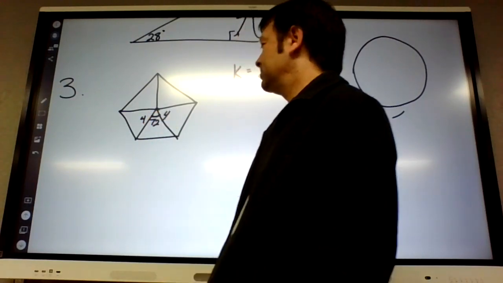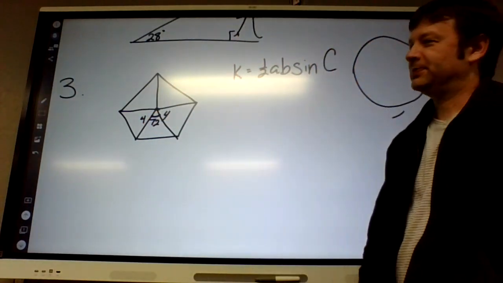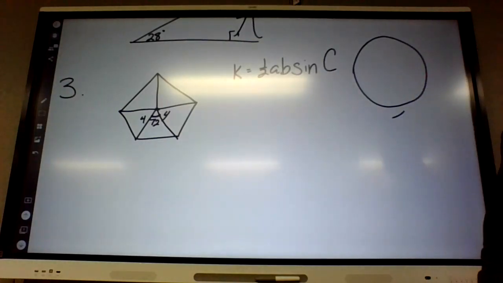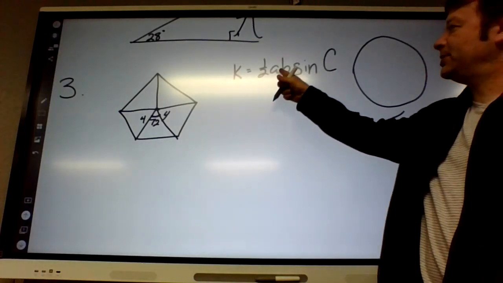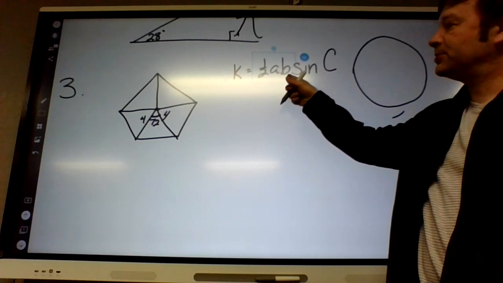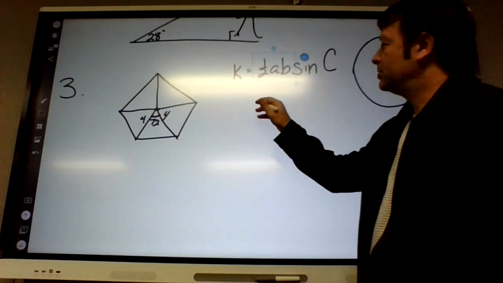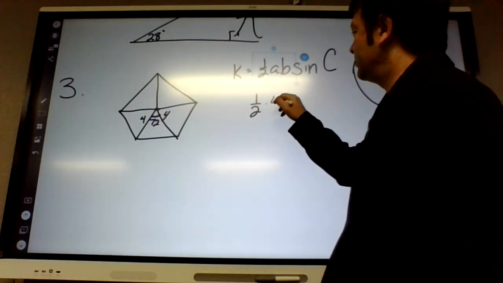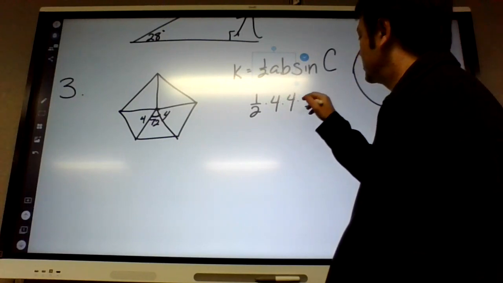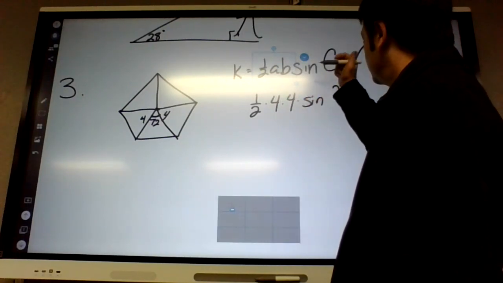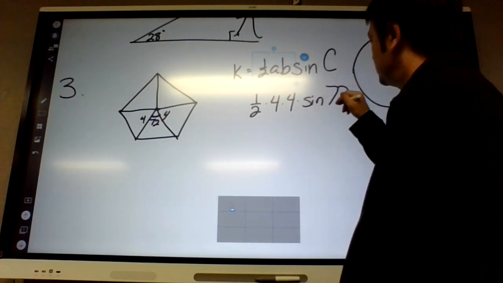Okay, so basically you need side, angle, side to use the area formula. So it's 1/2 times 4 times 4 times sine of 72.